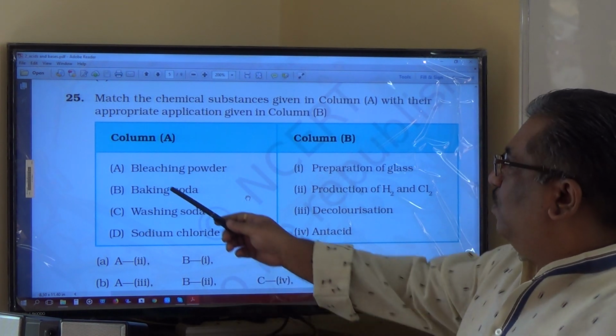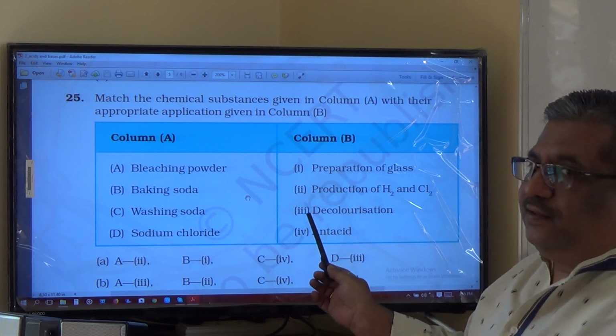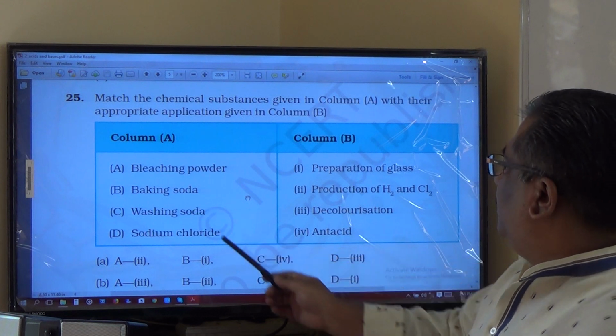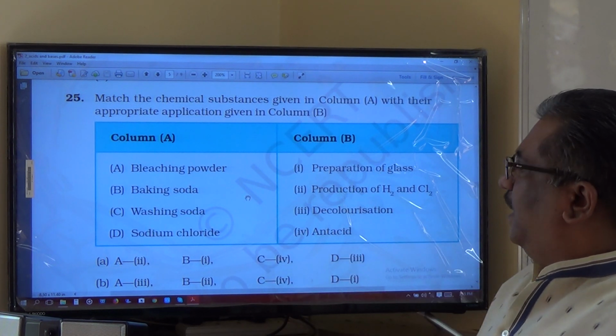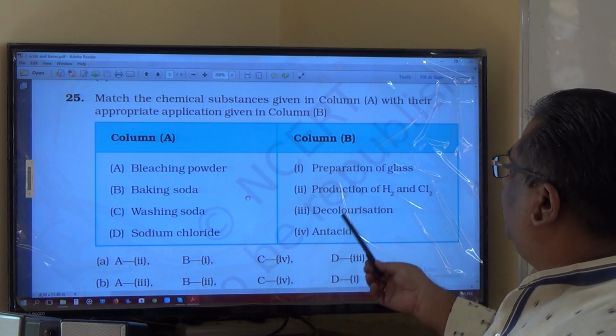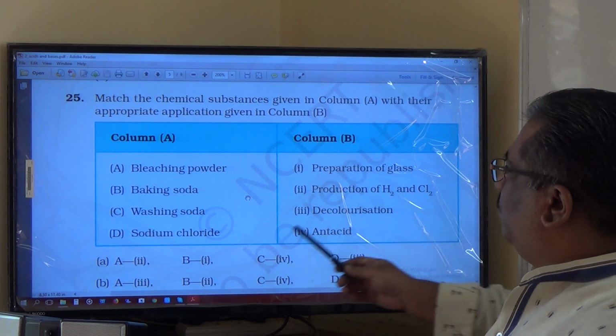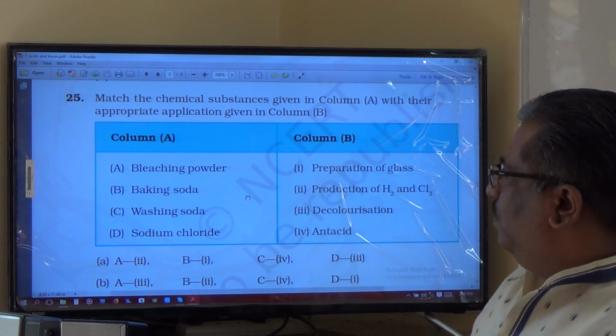So bleaching powder is used for decolorization, A and 3, and baking soda is used as an antacid. Washing soda is used in the preparation of glass, in the paper industry, etc. And sodium chloride is used for production of H2 and Cl2 by chloralkali process. So D and 2 is the correct.